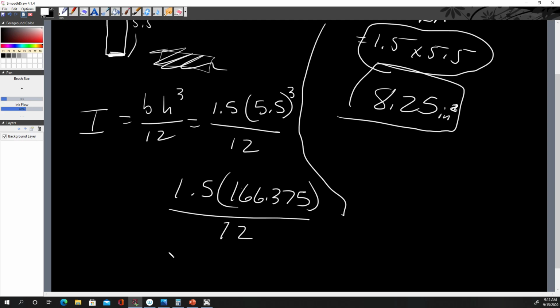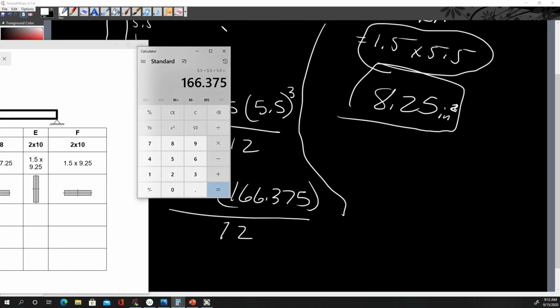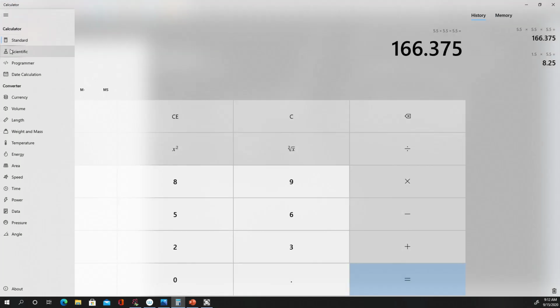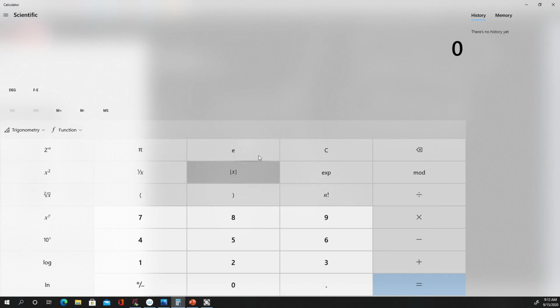The other way, I think there's another way to do it. Let me see. Depends if your calculator has this feature. See, this is a standard calculator, but you can go to scientific, and sometimes you can go 5.5 and then cube it, right? Here's a squared button, and it doesn't look like there's a cube button. So then you can click this number right here, and then say to the 3rd power.